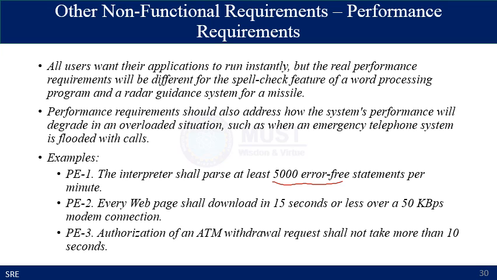Similarly, every page shall download in 15 seconds or less over a 50 kbps modem connection. Another requirement states that the authorization of ATM withdrawal requests should not take more than 10 seconds.